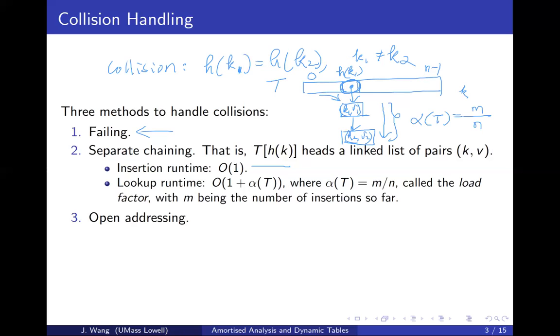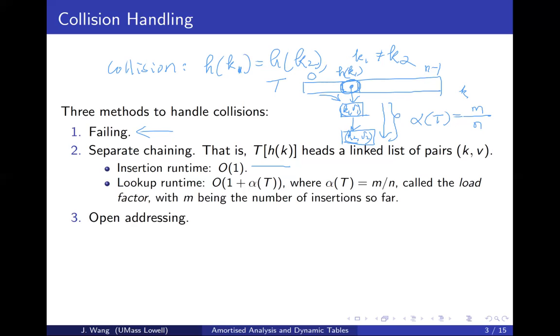So again, the assumption to make this happen is that H evenly distributes the hash values. Okay, so that is a popular way to handle collisions. The other way is to use open addressing.